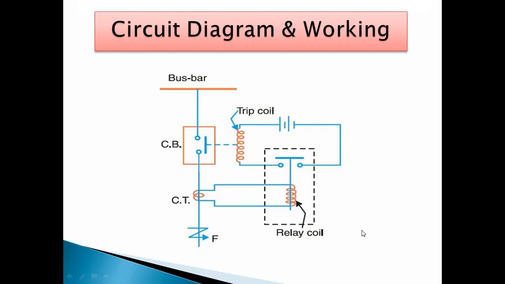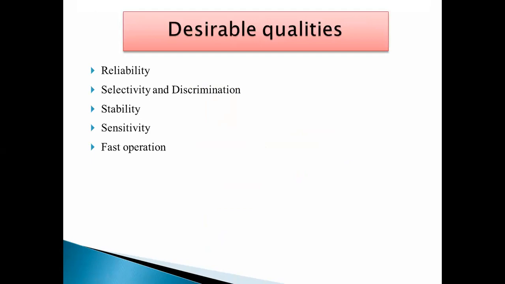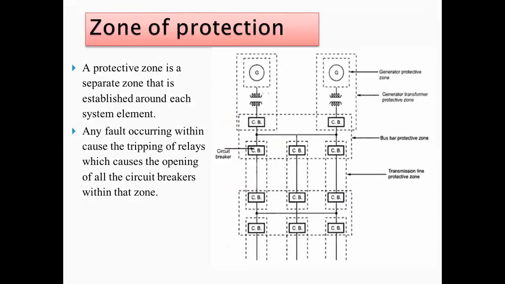Then according to this only, there are different types of relays. Then these are some desirable qualities of relays: fast operation, reliability, selectivity, stability, sensitivity, etc. Then this point is important, that is the zone of protection.